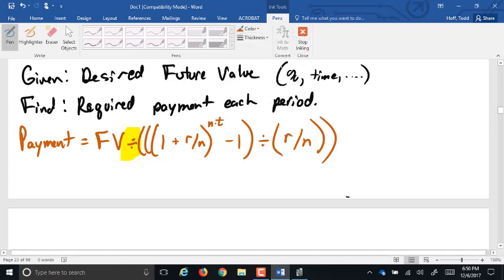So let's do an example. Does everybody have that down? Anybody need a second?